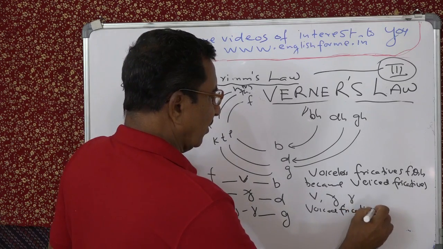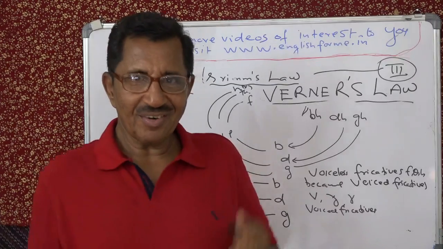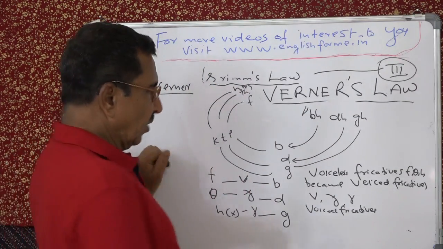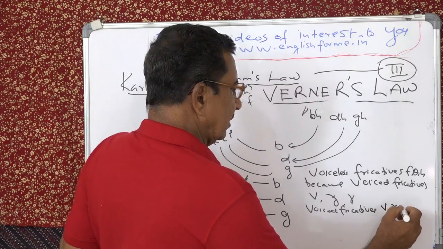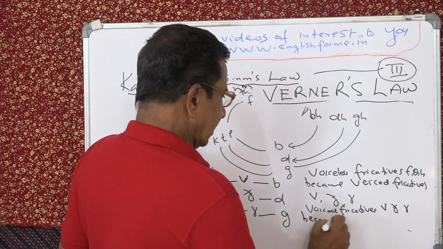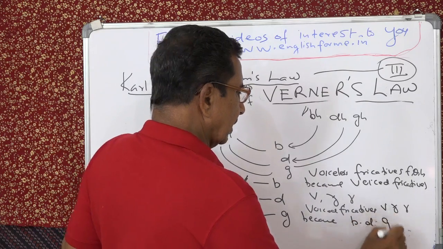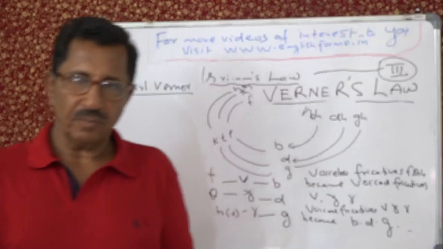Very interesting. If you are interested in this, it's very interesting. You will get an inquiring mind, and an inquisitive one also. Voiced fricatives, v, the, and h later changed to b, the, g. This is the second part of Verner's law.